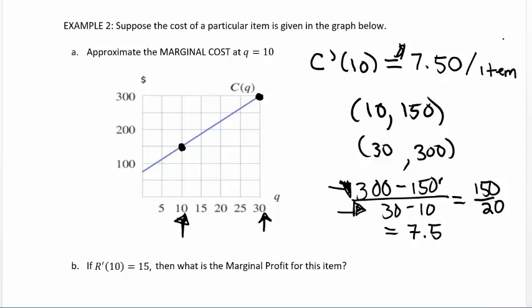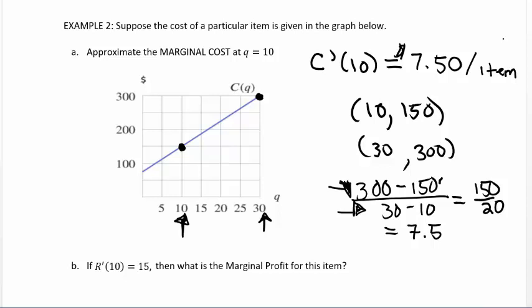What that tells me is that for each additional item that I make in order to sell, it's going to cost me an additional $7.50. My cost will go up by that amount for each additional item.